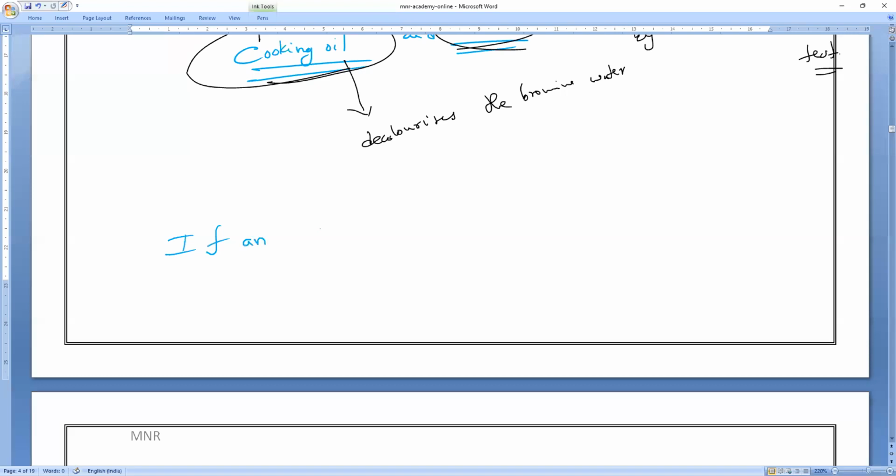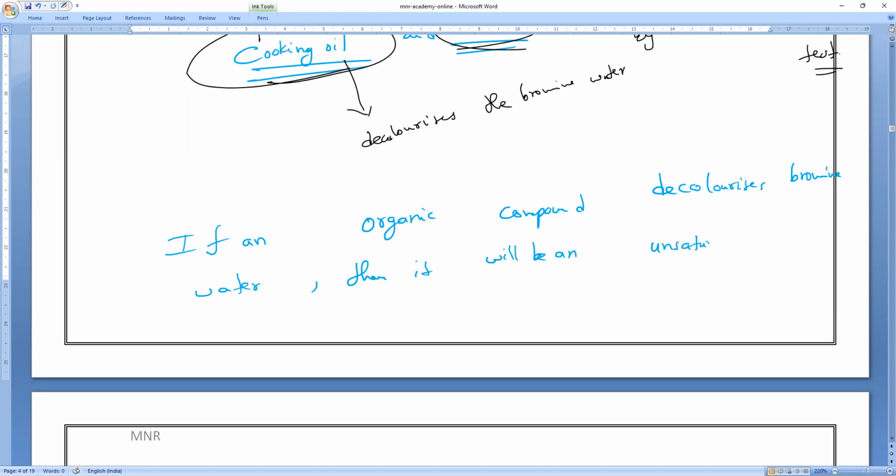If an organic compound or hydrocarbon decolorizes bromine water, then it is an unsaturated hydrocarbon.